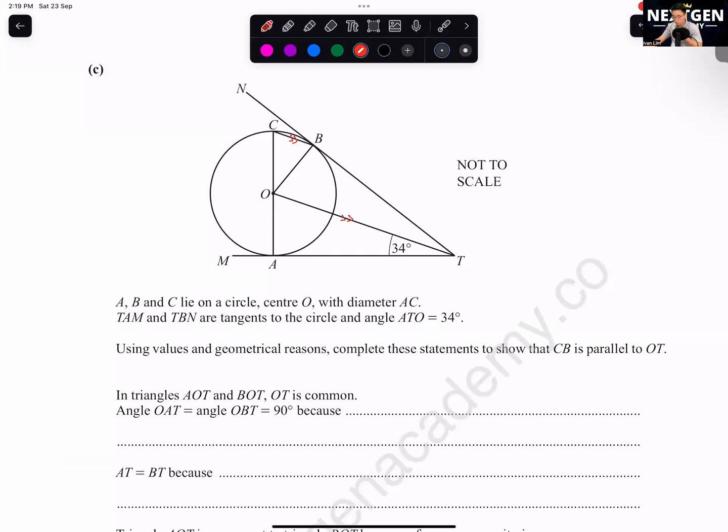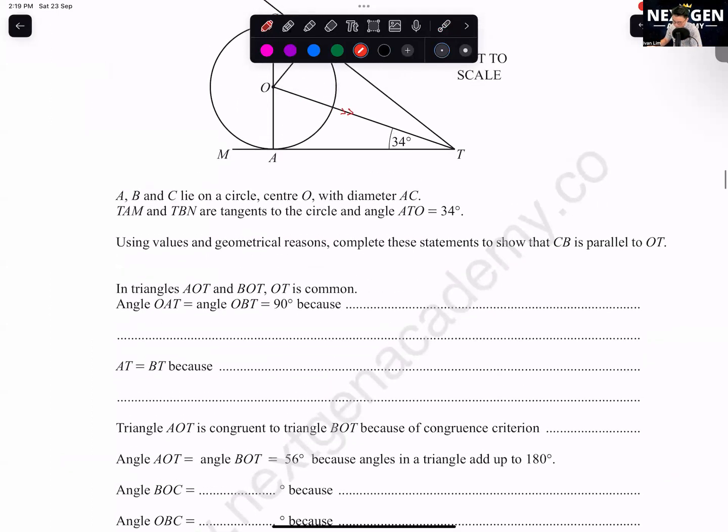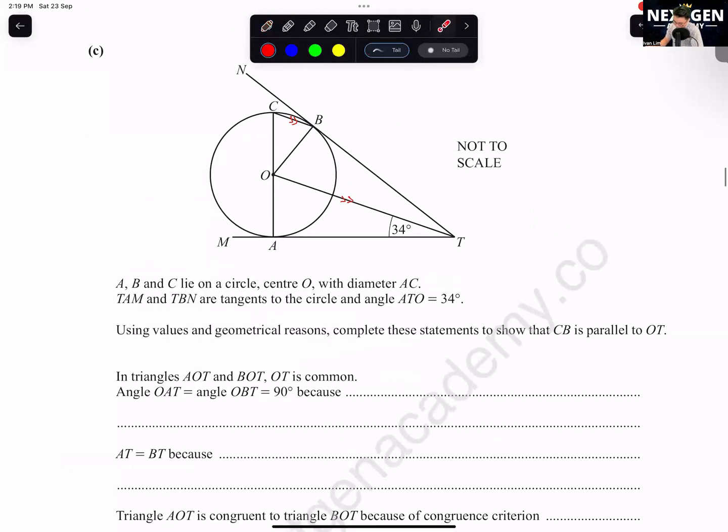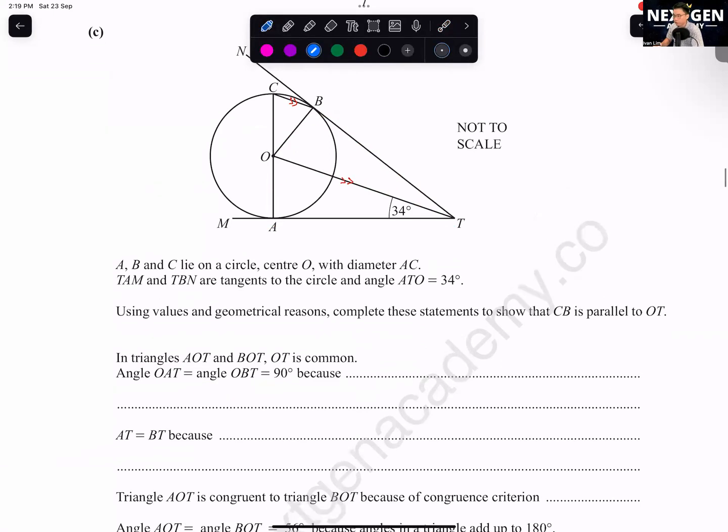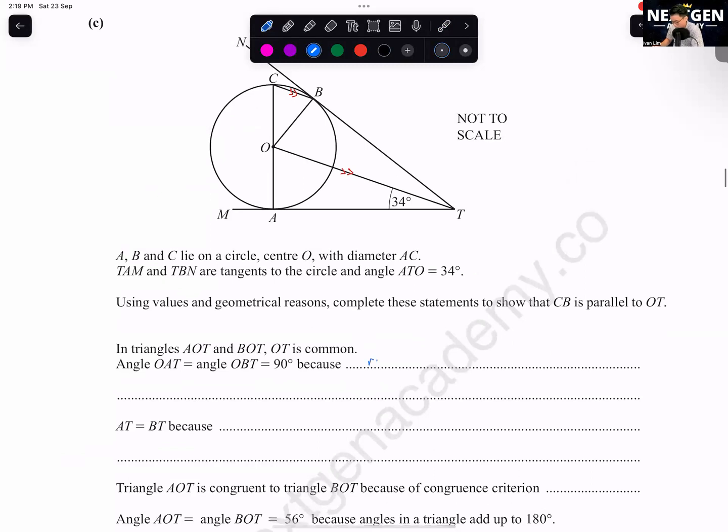Okay, look at all these statements here first. In triangles AOT and angle OBT, where's OBT? Is equals to 90 degrees. Why? Because the geometrical reasoning, radius is perpendicular to the tangent.